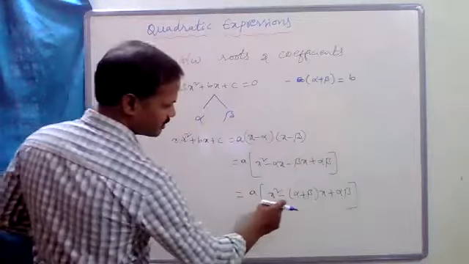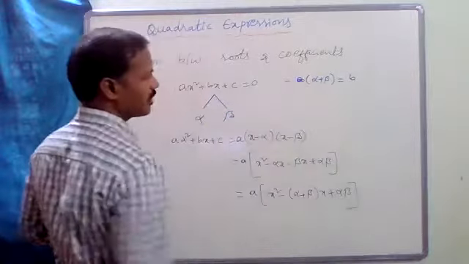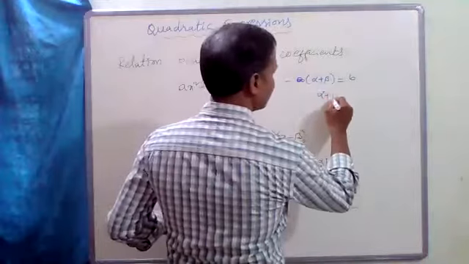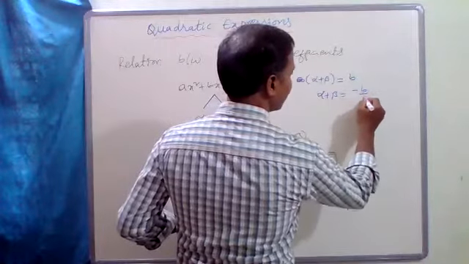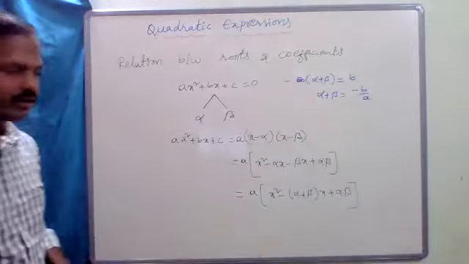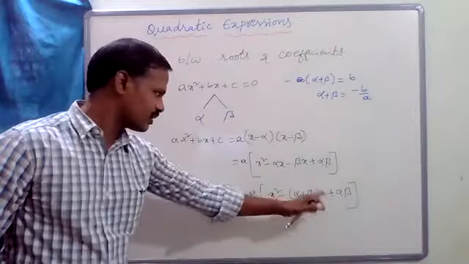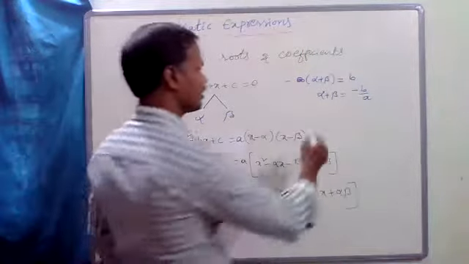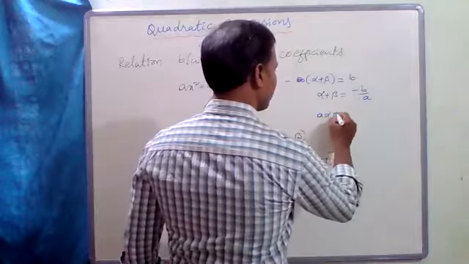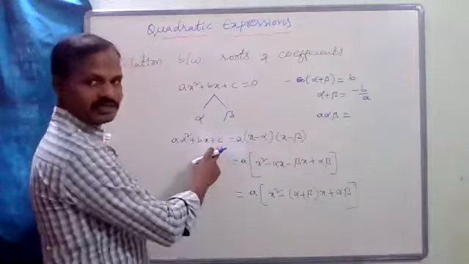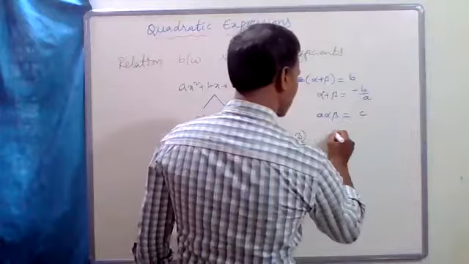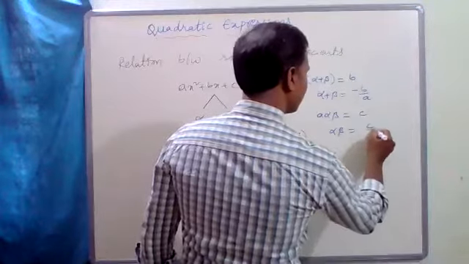So a into alpha plus beta equal to minus b. From this, what is alpha plus beta? Minus b by a. Now what about the constant? a alpha beta. Here what about the constant? c. So alpha beta equal to c by a.